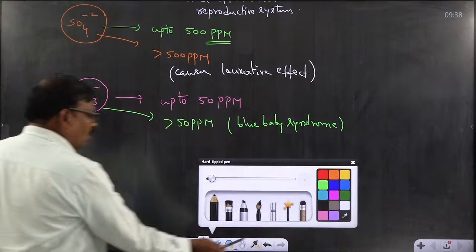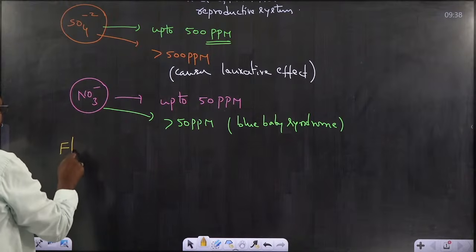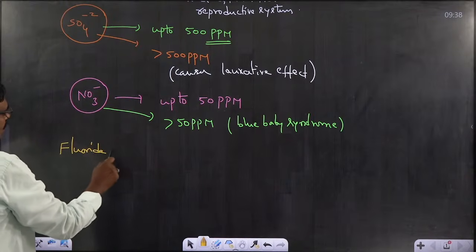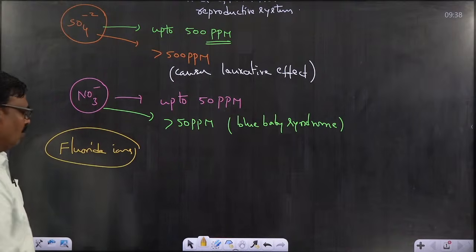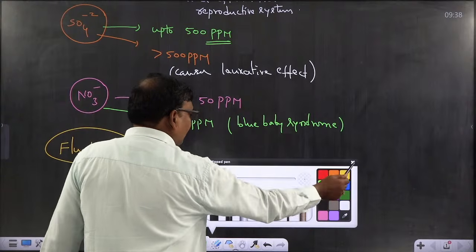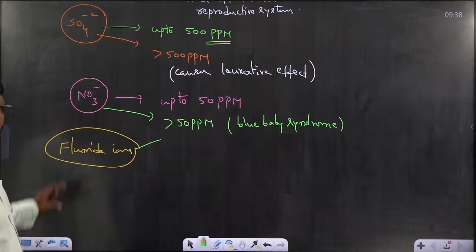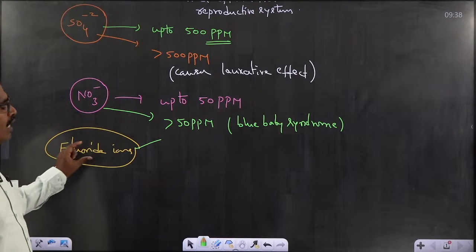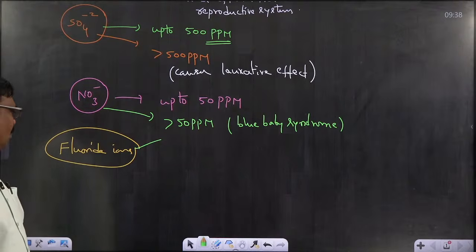One more important thing is the fluoride ion. A certain minimum level of fluoride ions is definitely required for our health, and heavy doses of fluoride ions in water will cause harmful effects to human beings. Let us discuss fluoride ions.